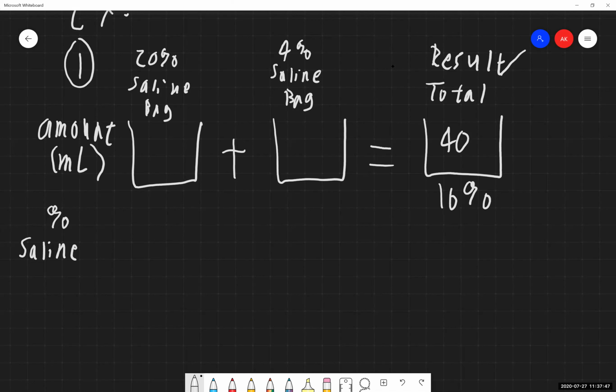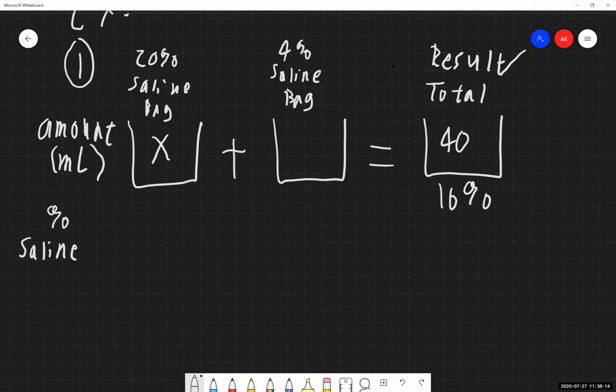So the amount of the 20% saline bag, do we know what that number is? No, we do not. So we can list that as one of our unknowns. You could use A, B, M, N, X, Y, whatever it may be. I'm going to use X to represent that. So what amount in milliliters of the 20% saline bag do we use? We don't know.